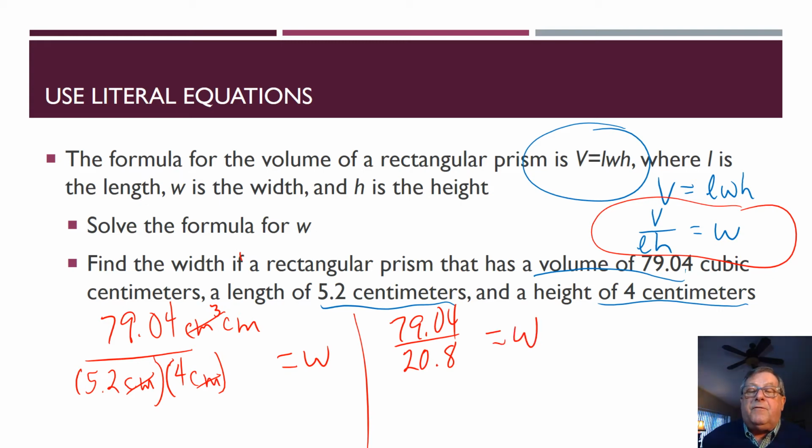And to finish off and find out what the width is, we're going to take 79.04 volume and we're going to divide it by 20.8. And when we do, well, Shazam, we're going to find that the width is 3.8 centimeters equals the width.